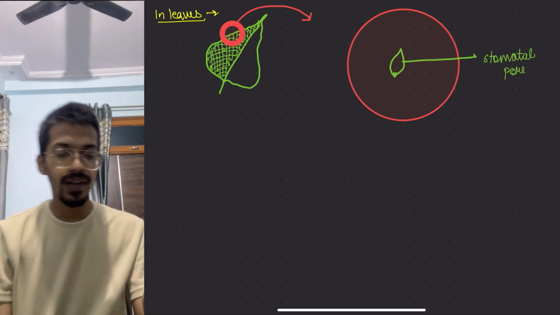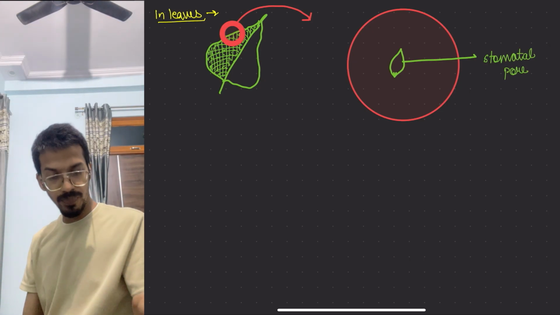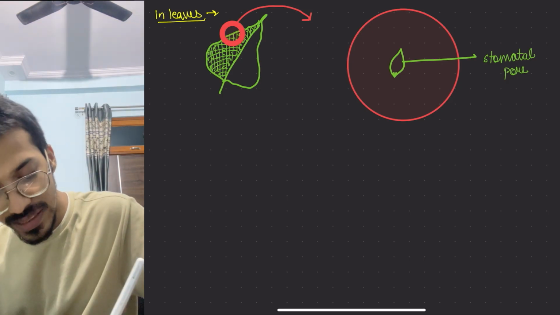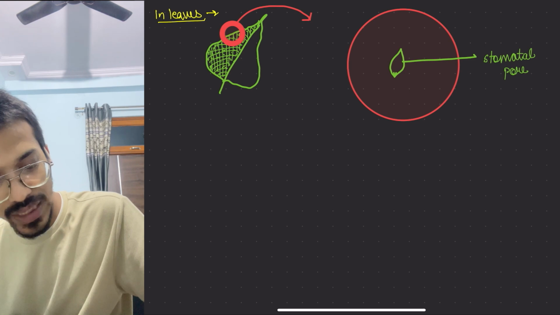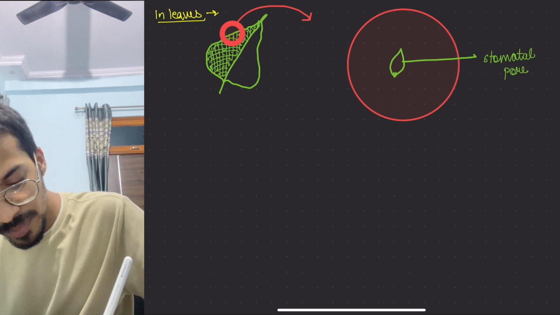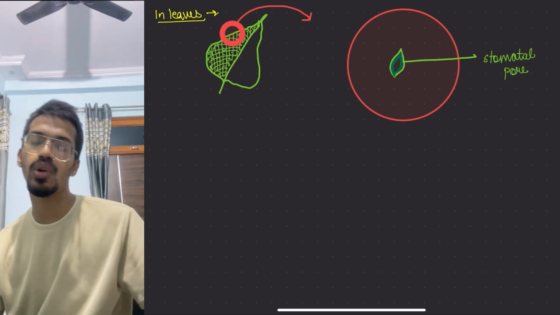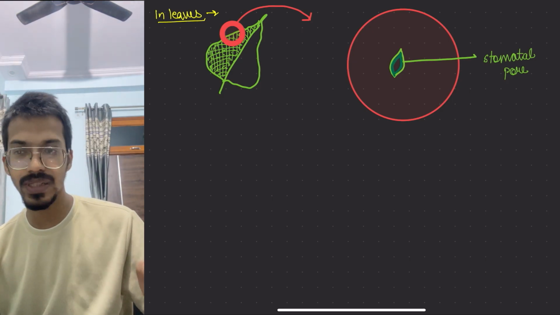Now this stomatal pore has a lining present which I have made, and it is very thick. Okay, so thick linings are present. So I'm going to make it very thick like this. They're not always open. We will understand that also. But these thick linings are present.